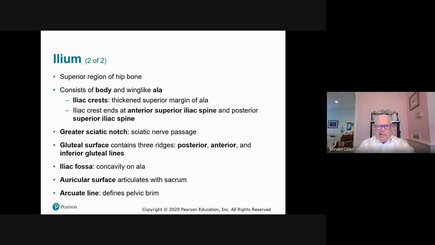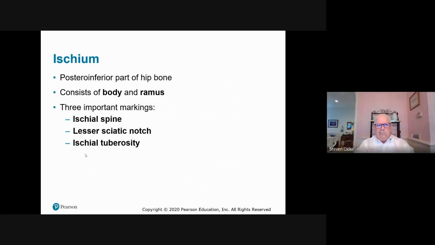Okay? Basically, that's all I really want you to know about the hip bone. Here is the ischial tuberosity. Here it is. That's what you're sitting on, the ischial tuberosity.